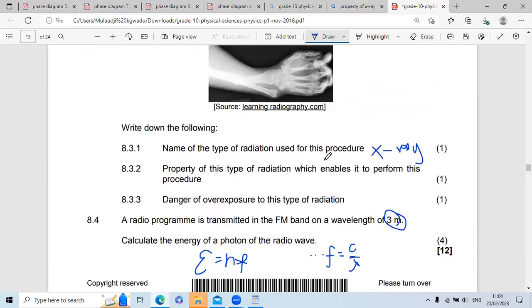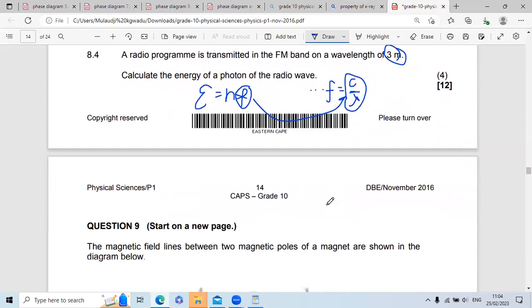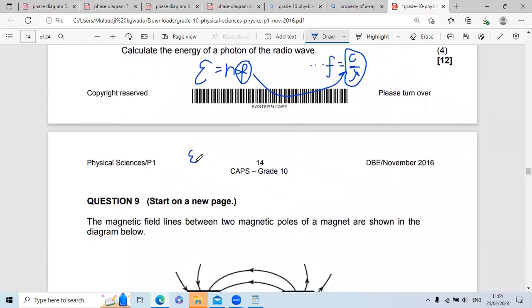So what you can do is replace this c with this. You're gonna end up with something along the lines of E is equal to hc over the wavelength.